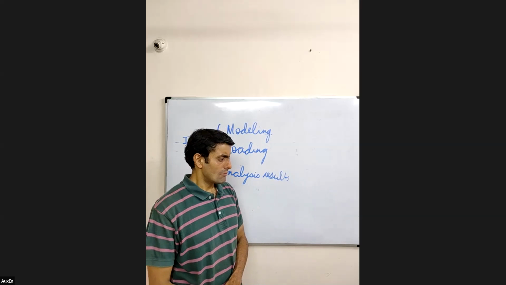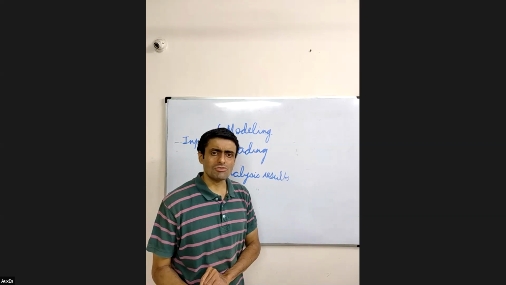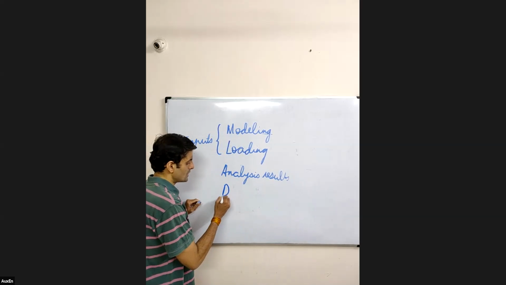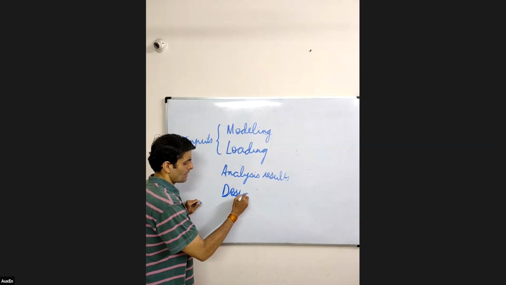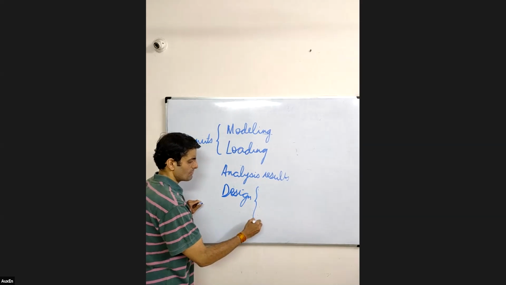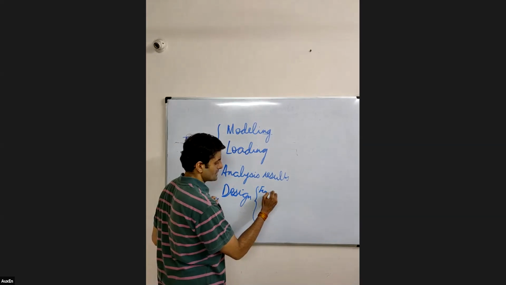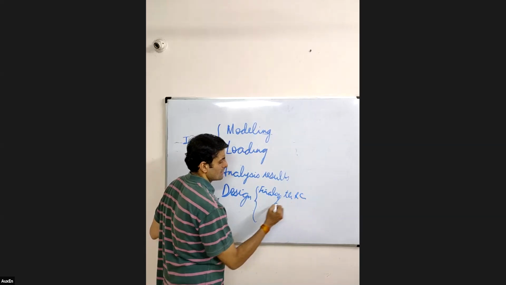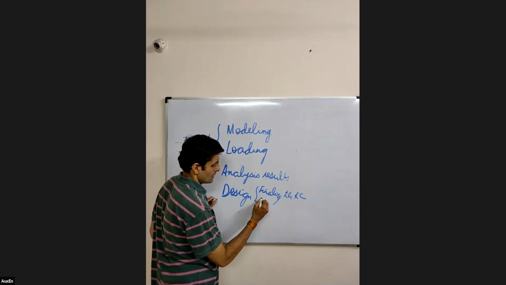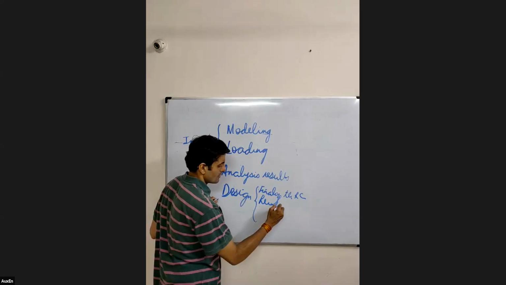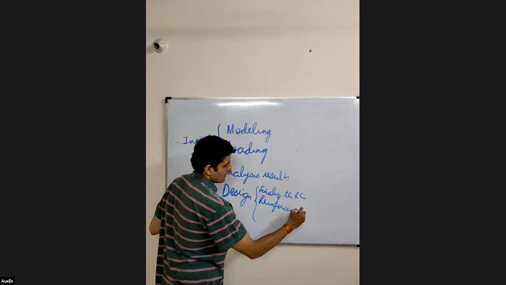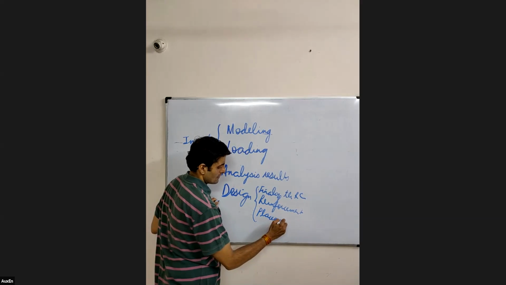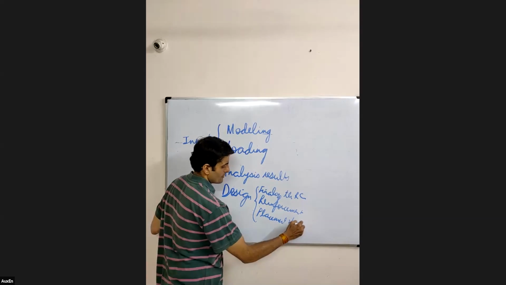Okay. Once I have my analysis results with me, then I can take these analysis results and proceed to design. And of course, by design, what I mean is to finalize the RC sizes, to find out the reinforcement, and then to find out the placement plus layout.